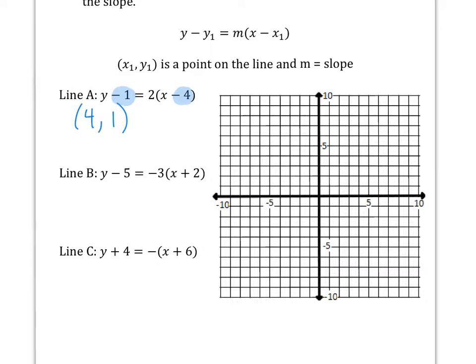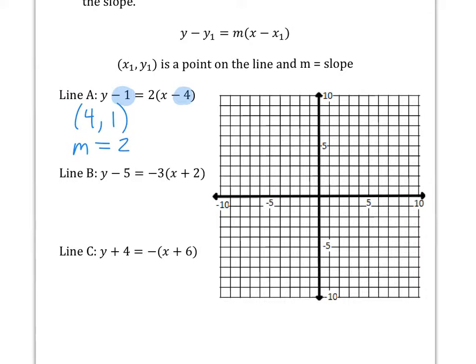And again, the reason that they're the opposite sign is because in the actual equation of point-slope form, we start with subtraction signs, right there and there. So in order to put in a point and get here a negative, x minus 4 or y minus 1, we had to have put in a positive value for it to stay negative. So again, it's the opposite sign. So that's my point. m is 2 over 1.